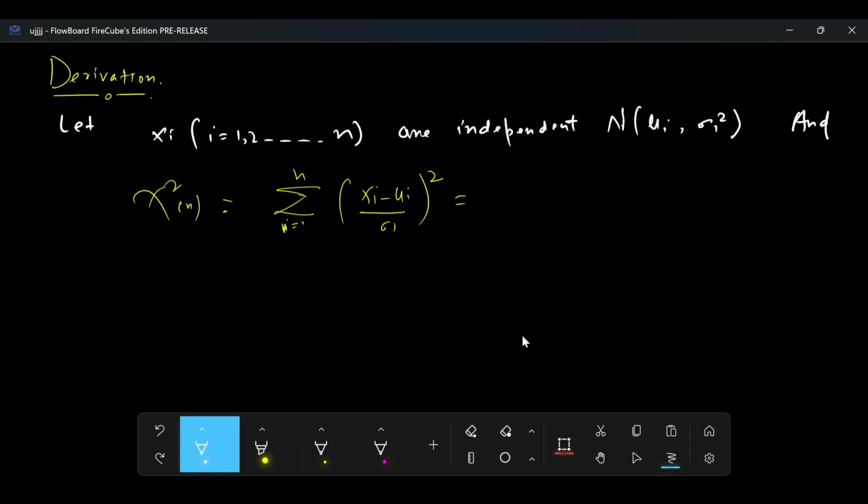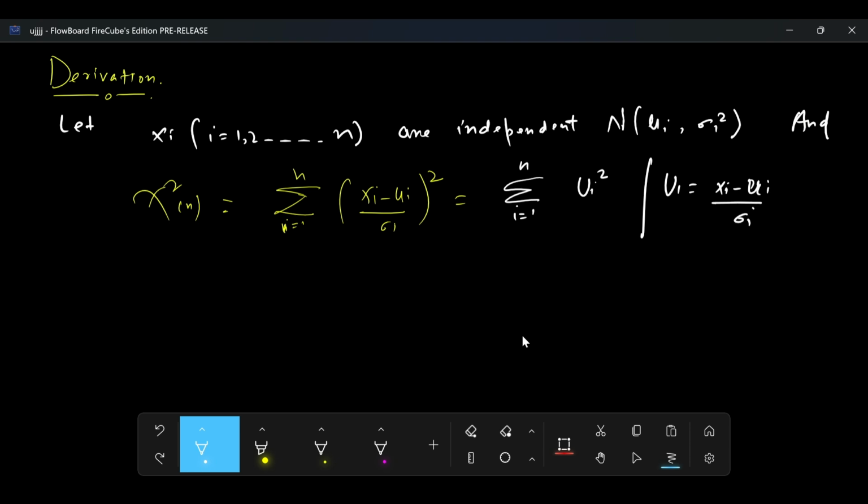Or let's write this as summation i is equal to 1 to n, this is ui square. And what's ui? Ui is xi minus mu i divided by sigma i.